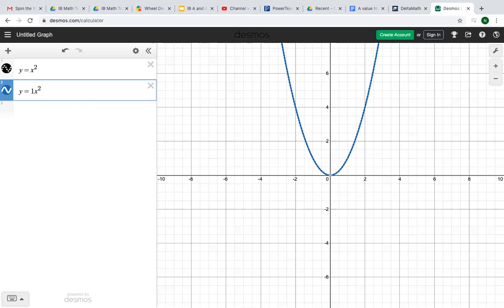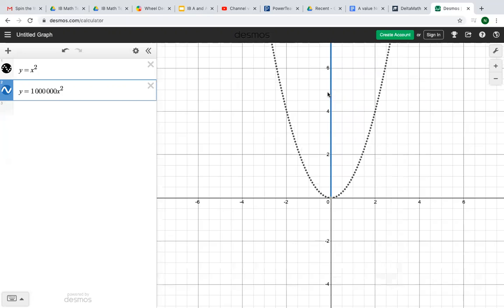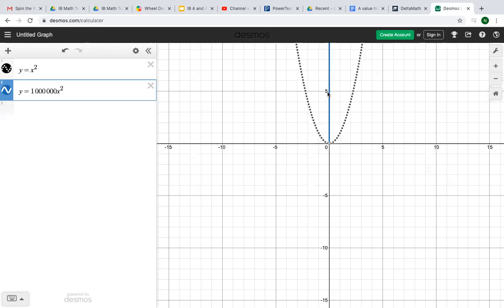Now do you see the blue line? It's practically touching itself in the center. The parabola is so skinny that it looks like a straight line. It's getting skinnier and skinnier the bigger I make the number.